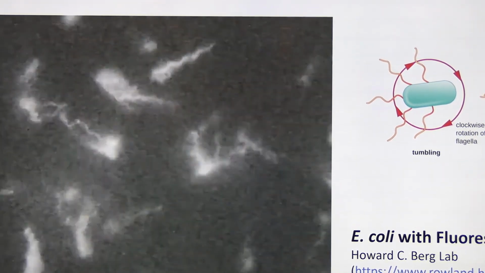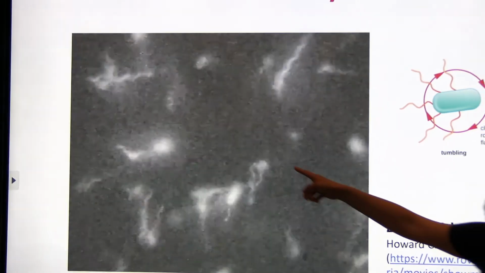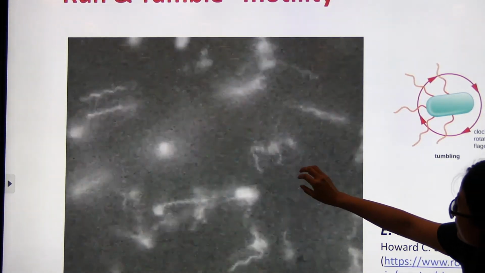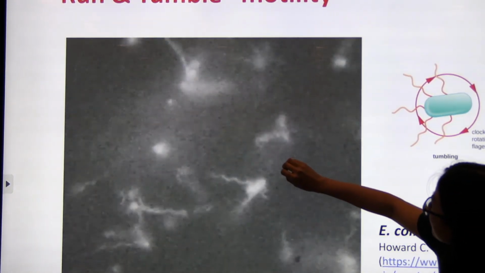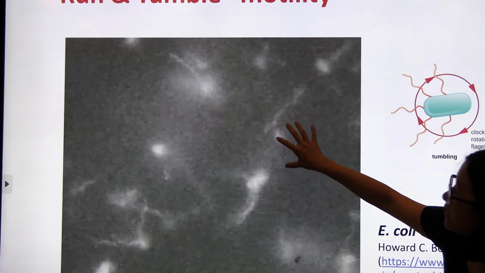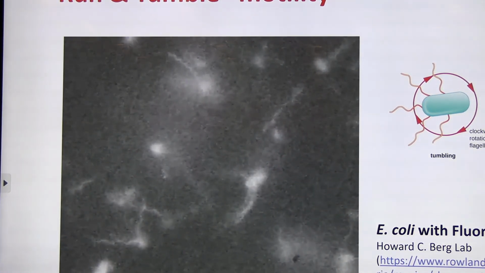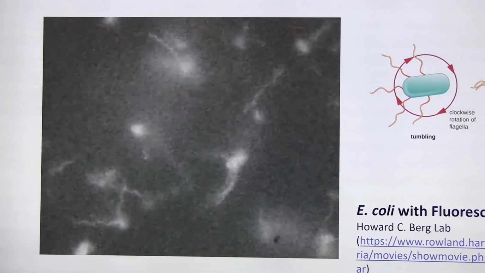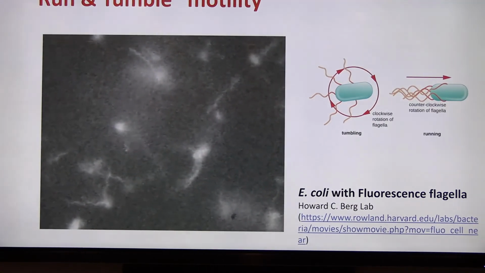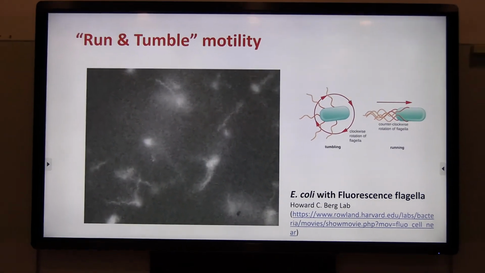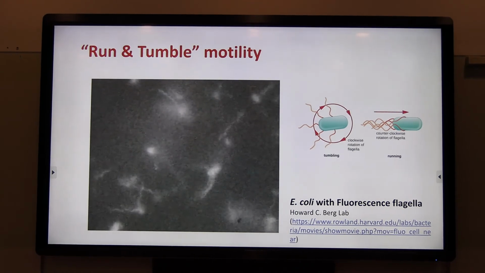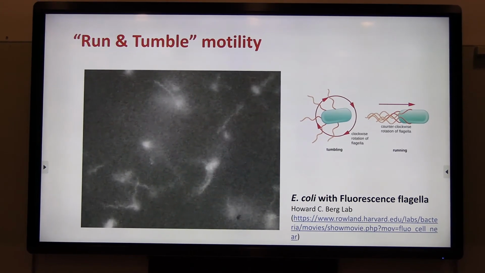Let's follow one cell, it swims, and then it comes to tumbling. So this is the swim, and then you can see the flagella just become separate, and the cells start to tumble. You can find more videos on their website, of course.